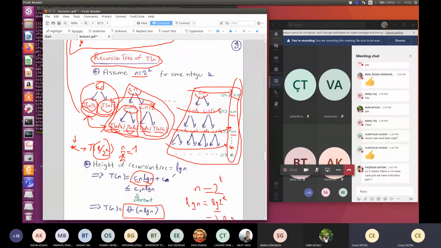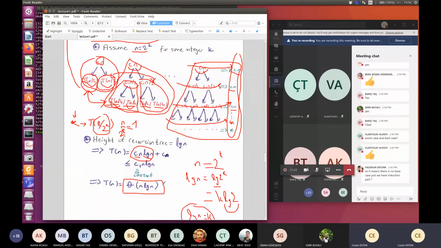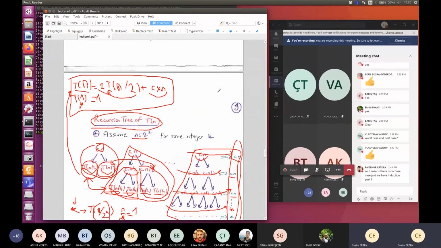Is it clear how we arrived at this guess that this T of n in here is theta n log n? Is our example with the recursion tree clear? Can you all still hear me?